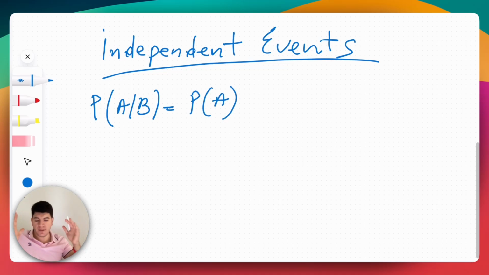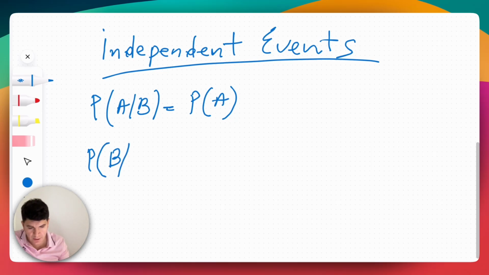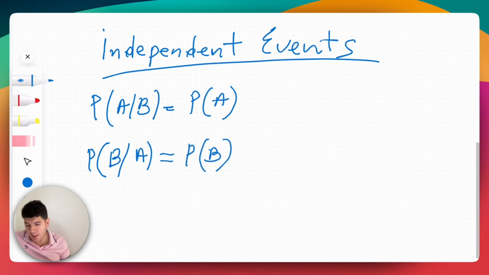Because A doesn't depend on event B. With the same logic, the probability of event B happening considering event A has already occurred is equal to the probability of event B. Why? Because B doesn't depend on event A, so these are two independent events.